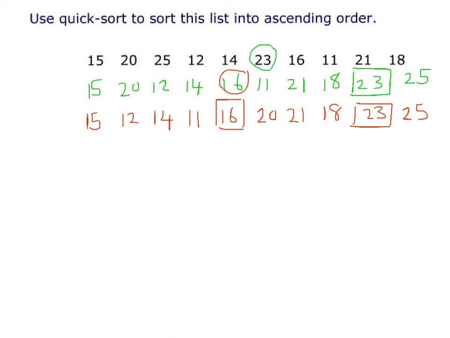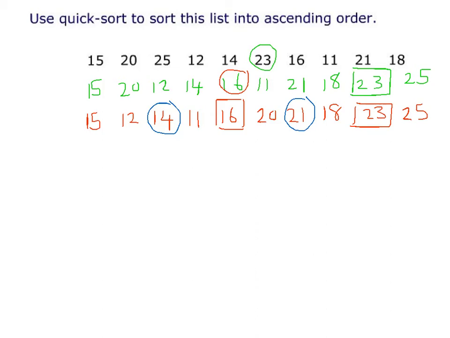Right, our new pivots are going to be 14 and 21. So again, we need to rewrite our list, sorting our sublists according to whether they are smaller or greater than our new pivots.